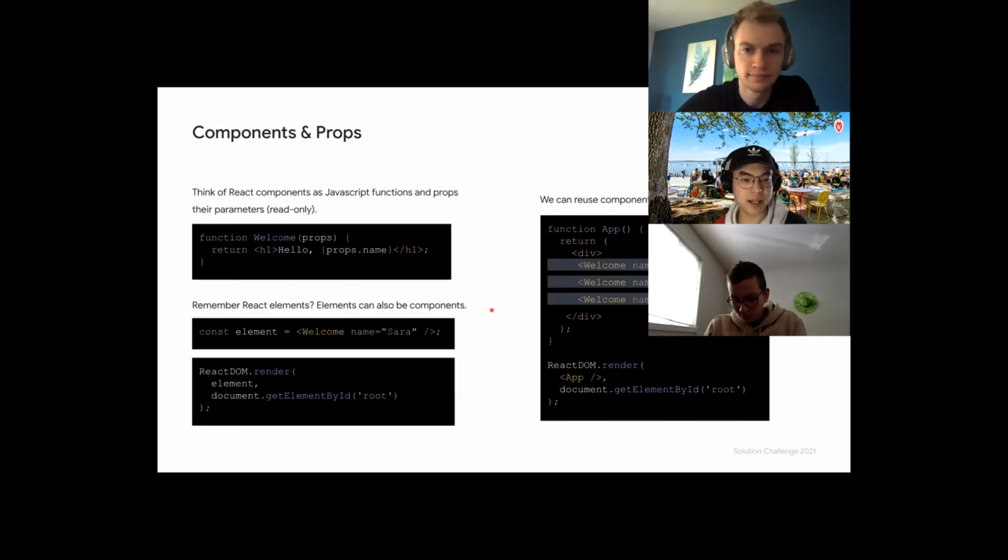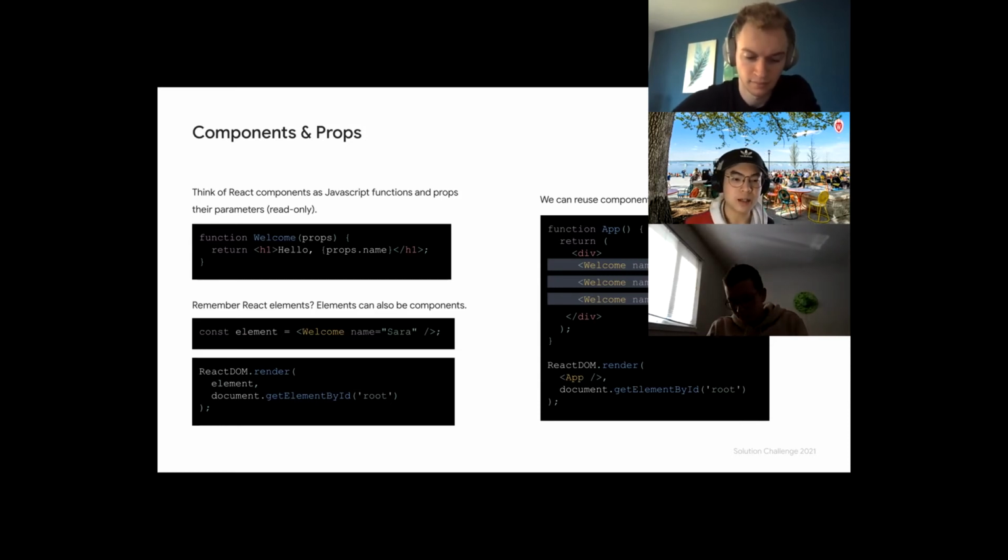And yeah, so we've talked about React elements. Those are basically like little objects that are read-only. And now we can expand that idea and get components. So basically, components are like JavaScript functions, and props are the parameters of the function, right?